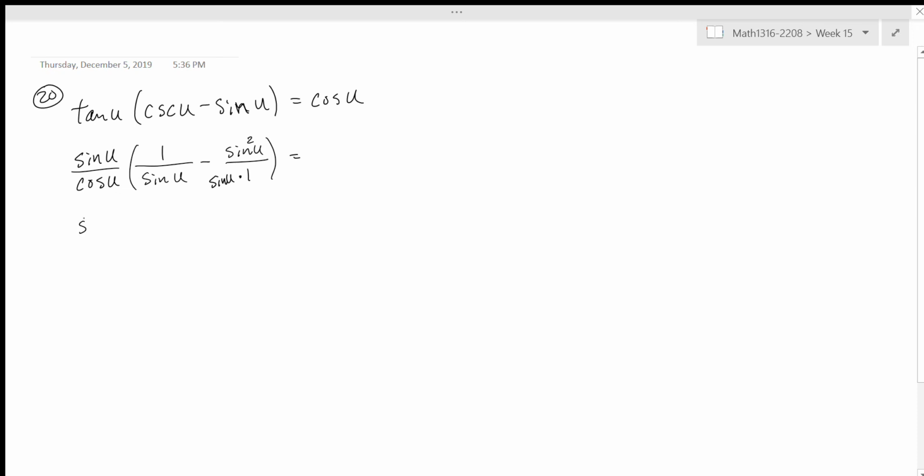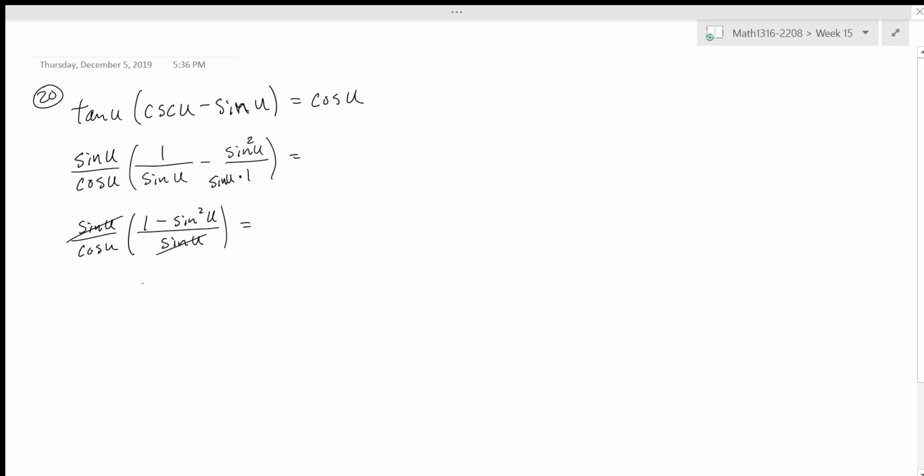And then we're going to have sine u over cosine u times 1 minus sine squared u all over the common denominator. And then what do you notice is going to happen with my sine u's?